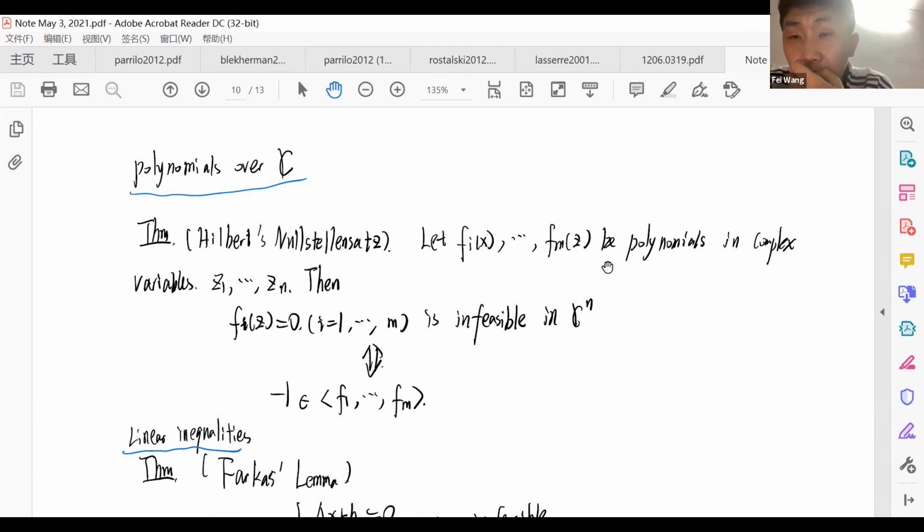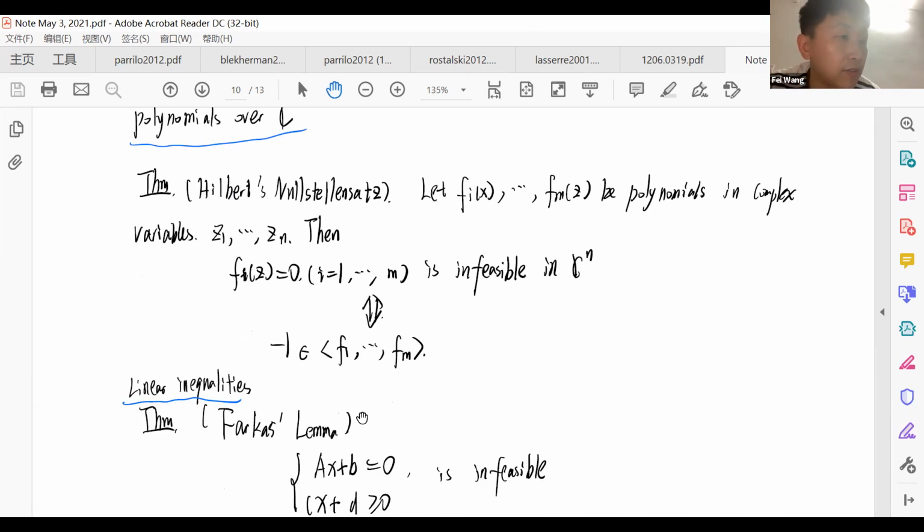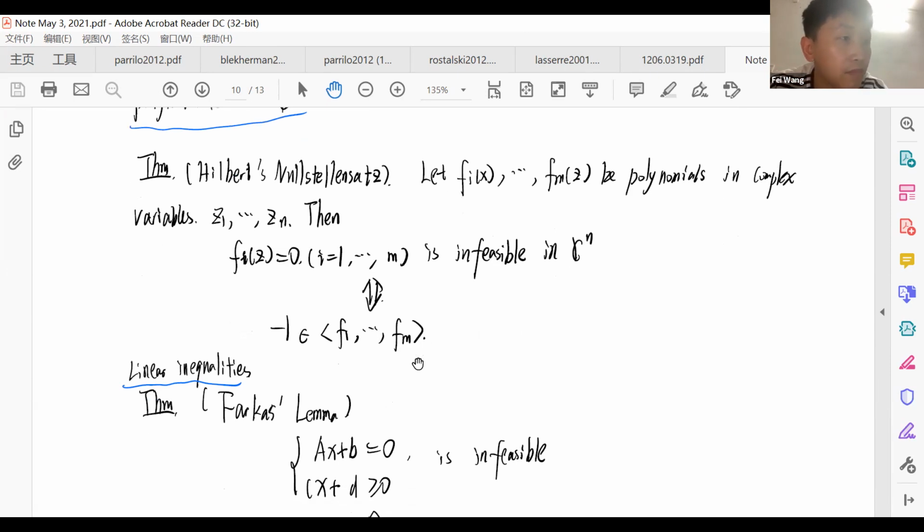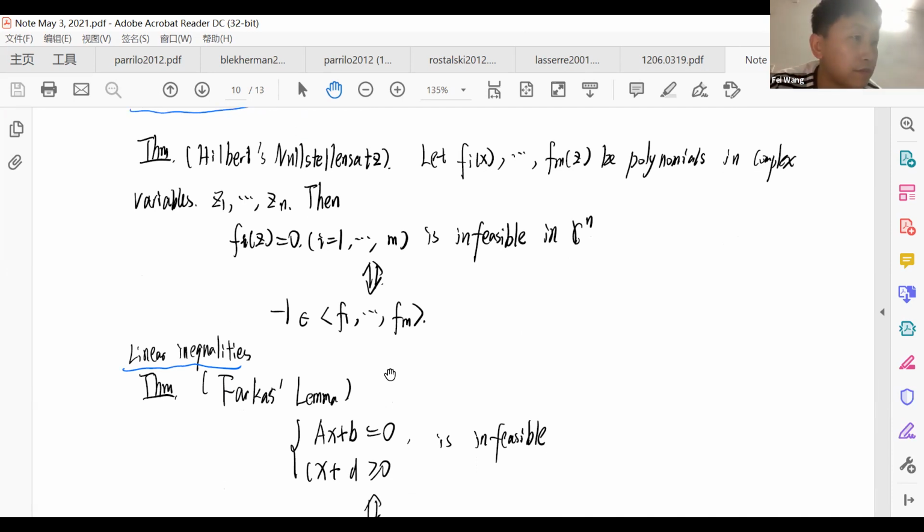Then fi = 0 is infeasible in C^n if and only if -1 belongs to the ideal generated by f1, ..., fm.